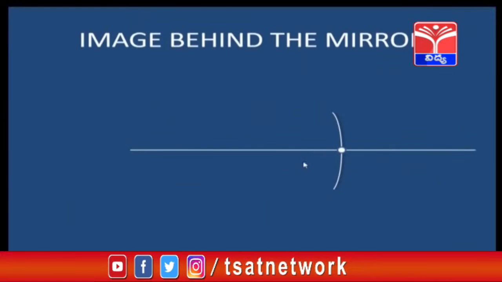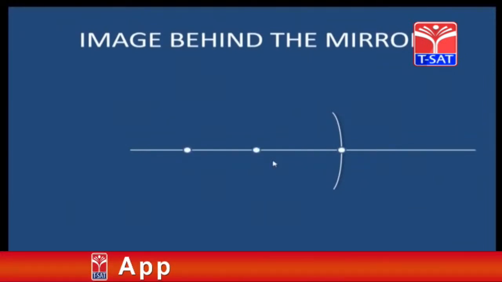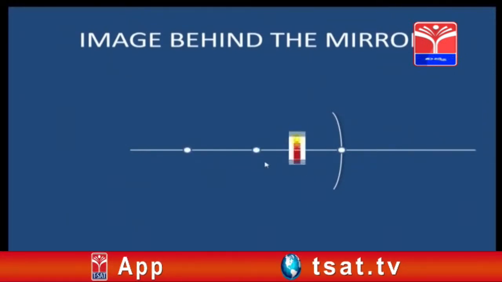The pole, focus, center of curvature, object. A ray parallel to the principal axis is reflected from the focus of the mirror.